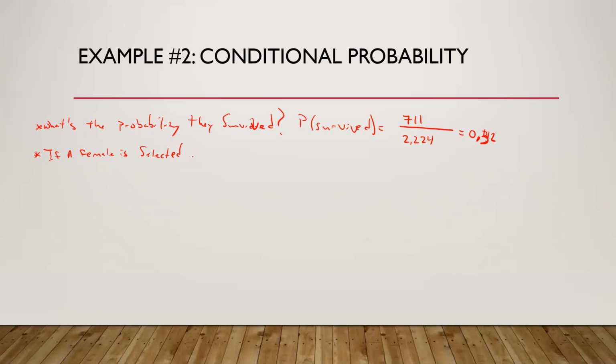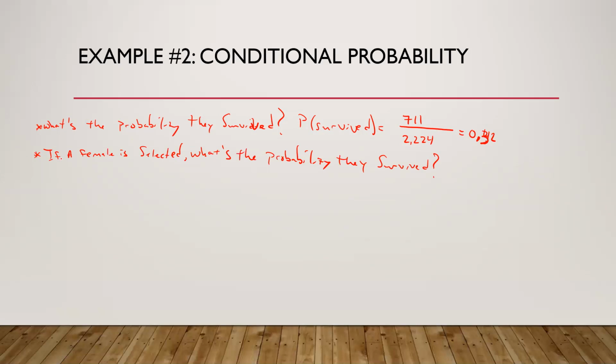So if a female is selected, what's the probability they survive? All right, am I giving you a piece of information here now? Yes. What am I giving you? What am I telling you to start at?